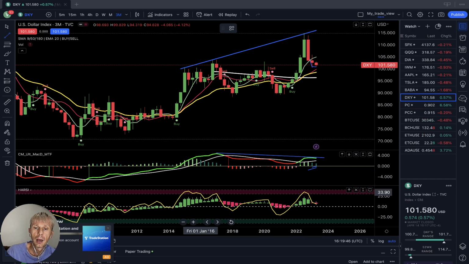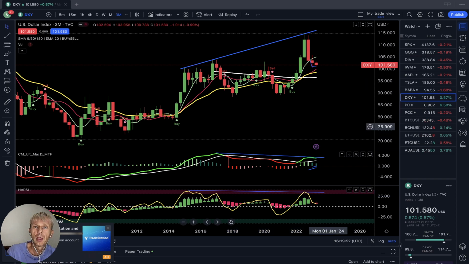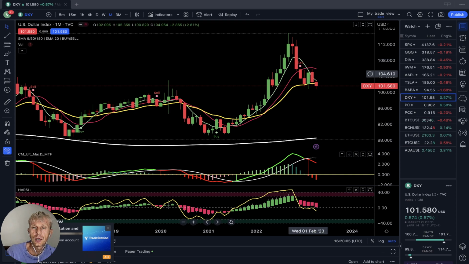On RSI, it's a downtrend. Bearish divergences, but on the quarterly time frame. Okay, and monthly, let's see monthly. Monthly, it is still bearish.